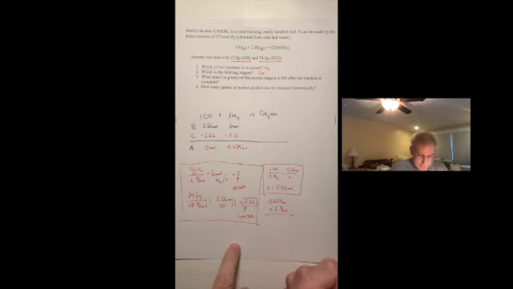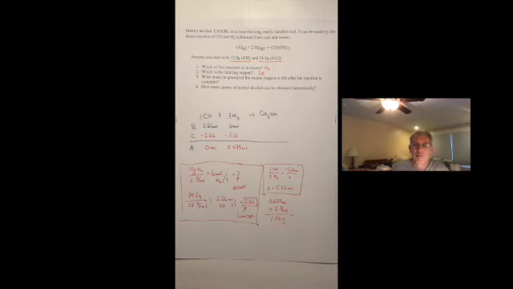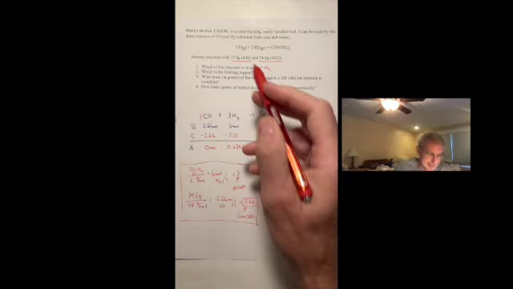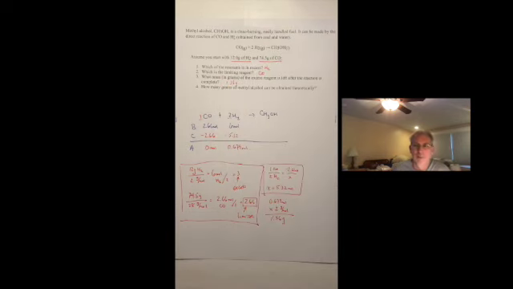It happens to be 1.36 grams of H2 is left over. So let's just double check that. This is roughly 0.7, and if I multiply 0.7 by 2, I'll get 1.4. And I'm in the right ballpark, so I know that my calculation was good. So what mass in grams is left over? That's 1.36 grams of hydrogen left over.